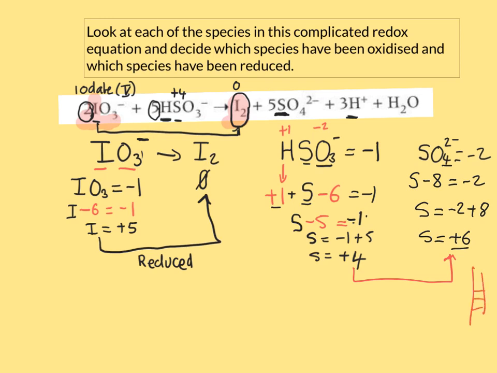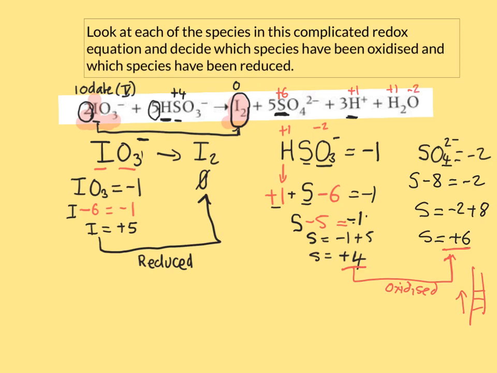Sulfur has climbed up the ladder, and when you climb up the ladder, you have become oxidized. You can see that sulfur has lost 2 electrons because it's gone from +4 to +6. So let's now write the oxidation state of sulfur over it there. Hydrogen hasn't changed because it's +1, +1, and oxygen is -2.